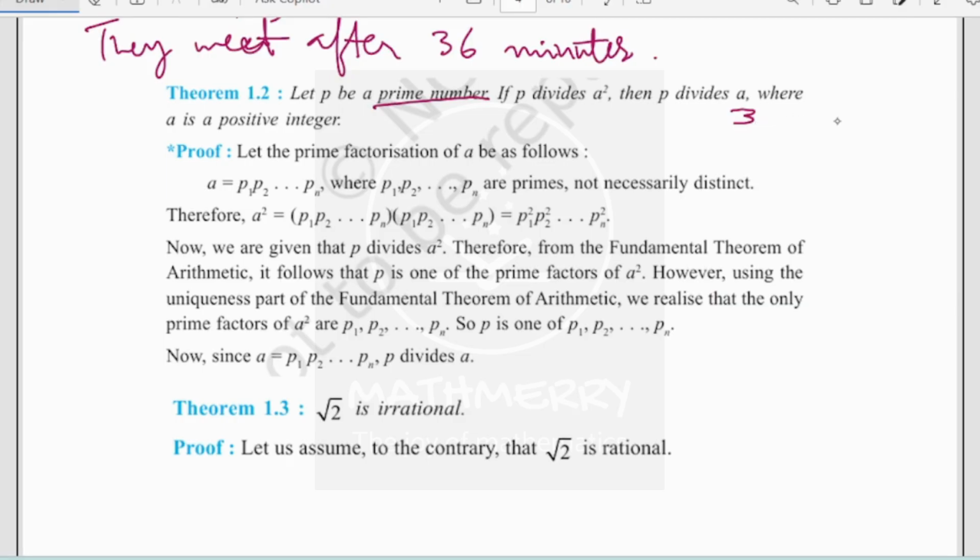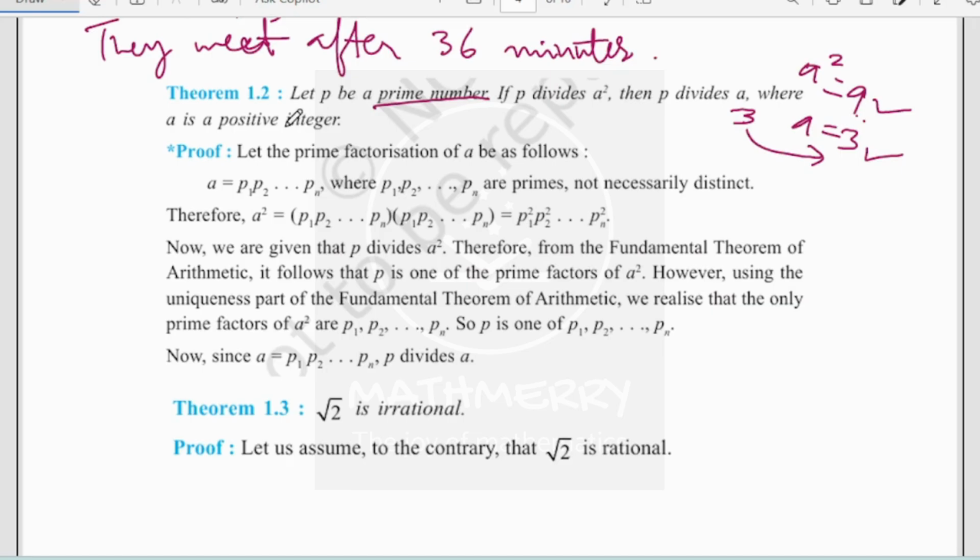If 3 divides A square, where A square is equal to 9, then obviously 3 divides 9. Then P is also divisible by A. That means the square root of 9 is 3, and 3 is also divisible by 3 itself. That is also fine. If it divides A square, it can also divide A. That's our theorem, where A is a positive integer.